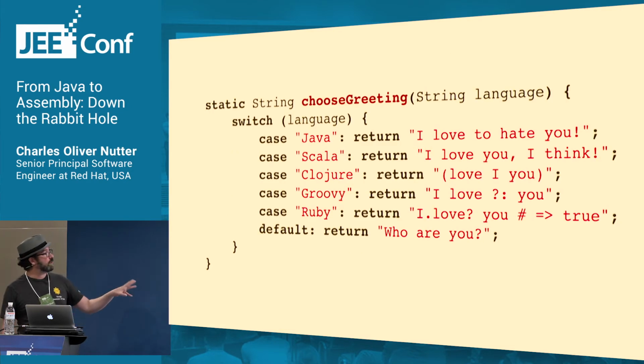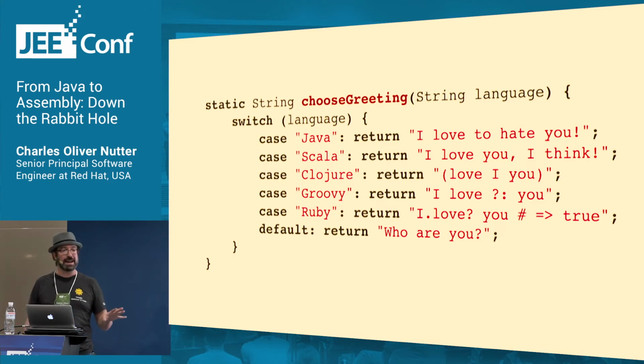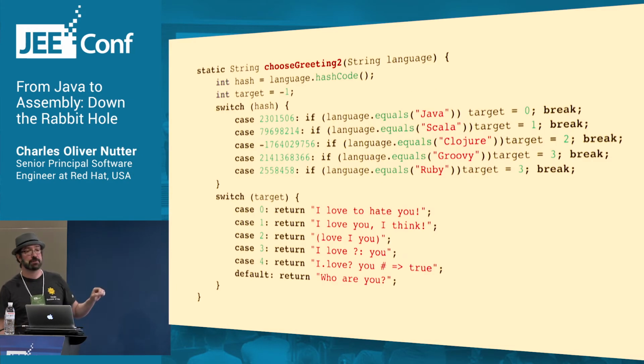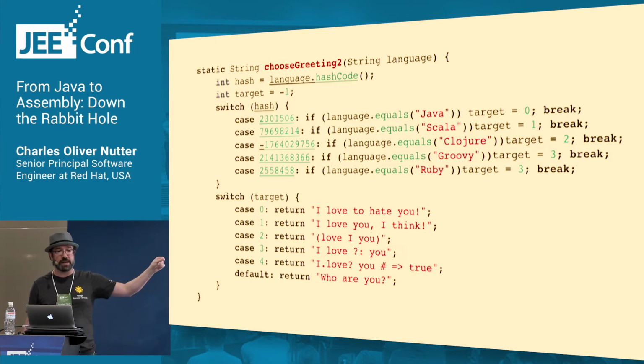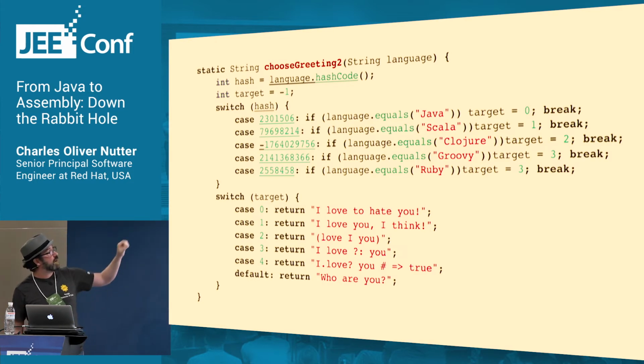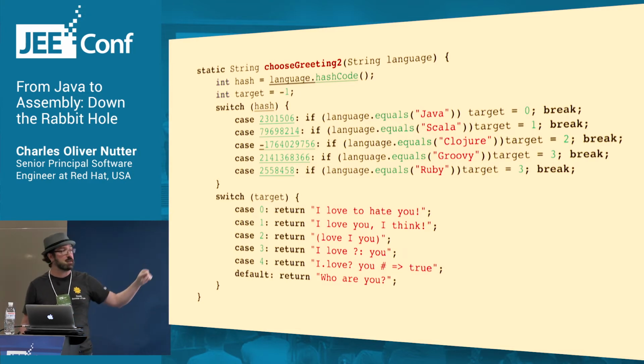And so if we have a switch like this with 5 different string values, the code that actually comes out of this from the JIT compiler looks like this. What we have here, we have the hash code, because this is a standard way of doing hash codes on the JVM. We grab the hash code out of that string, and we have a first switch that goes based on hash code. So this will be a lookup switch.